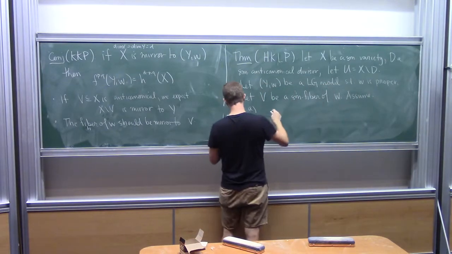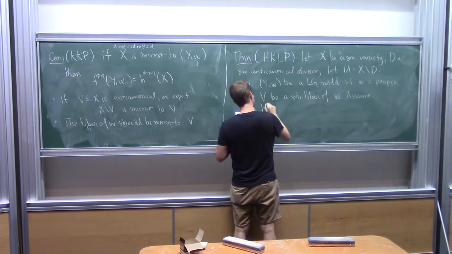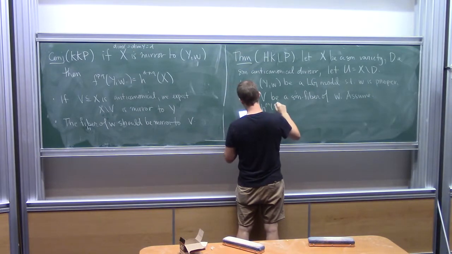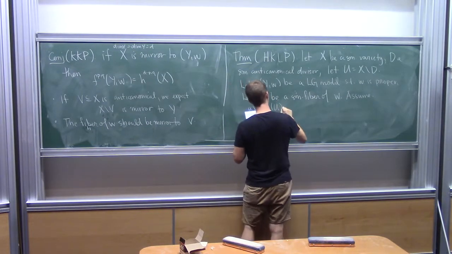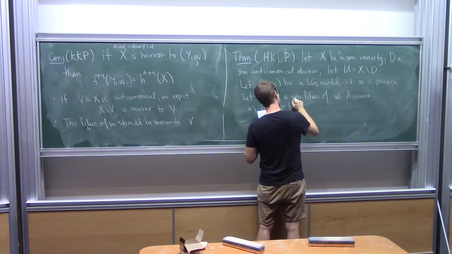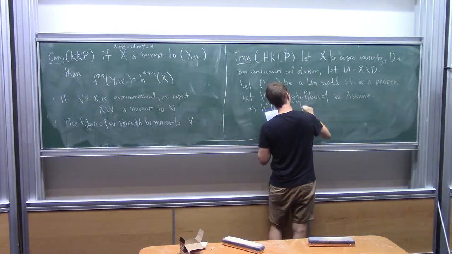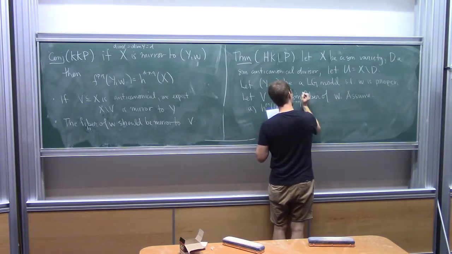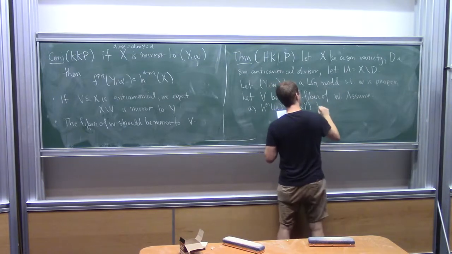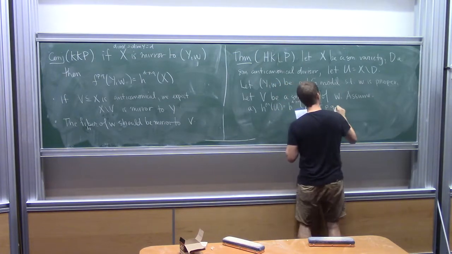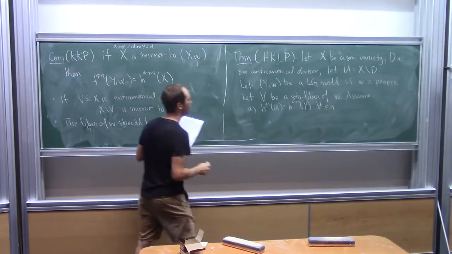A: h^{p,q}(U) is equal to h^{d-p,q}(Y) for all p, q, where d is again the dimension of X and Y.